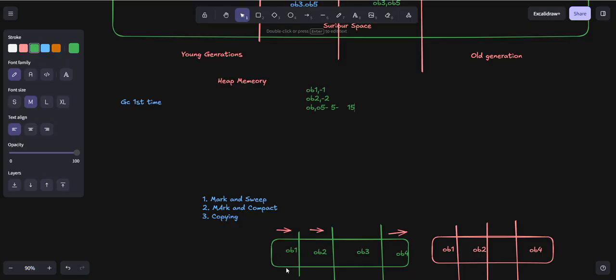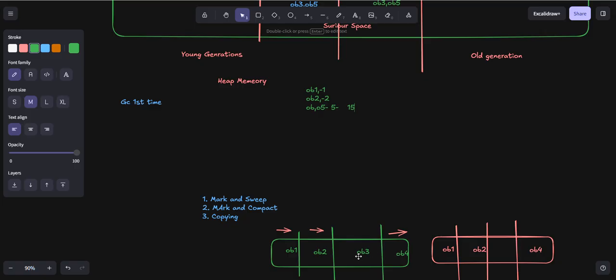If you see, this is heap memory, and this is how objects are allocated inside it. This is object 1, object 2, object 3, object 4. Mark and sweep marks the objects which survived, and removes the objects which are unreferenced. Object 1, object 2 and object 4 survived, so it marked those objects, and it removed object 3.